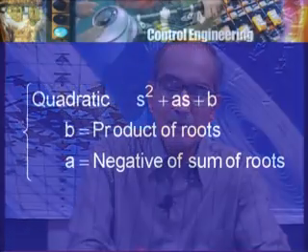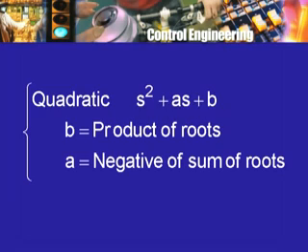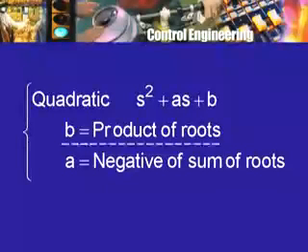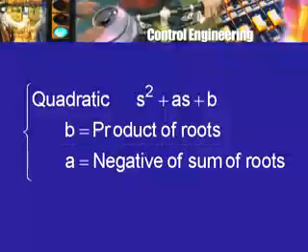You may recall from algebra that when you have a quadratic that looks like s squared plus as plus b, then there is something that you can say about these coefficients a and b. Coefficient b is what? It's equal to the product of the two roots. So b equals the product of the roots. And what about the coefficient a?